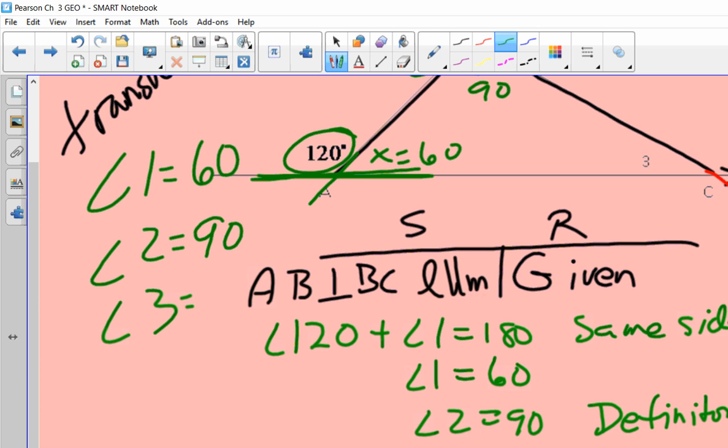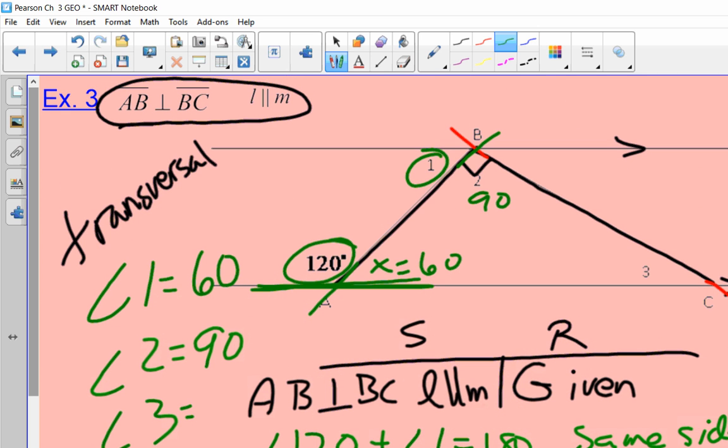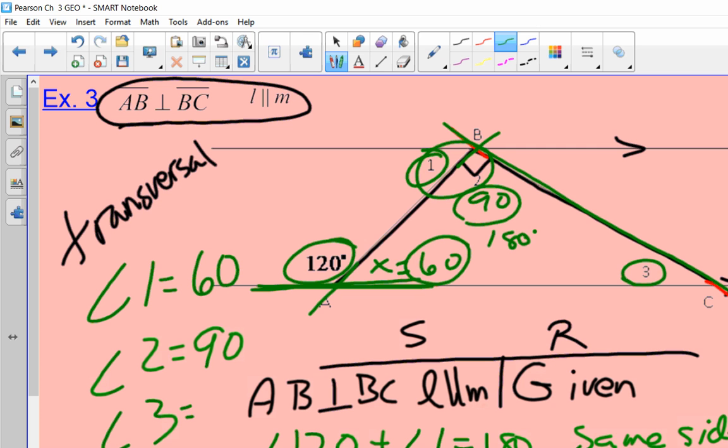How do I find angle 3? Now I got to be careful here because I can't really use this transversal line here because these two angles are part of the interior angles. But I know that a triangle is equal to 180. Okay, I got two of them. How do I get the third?